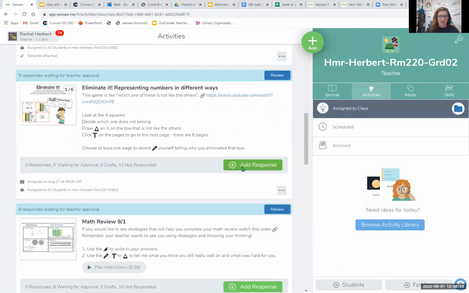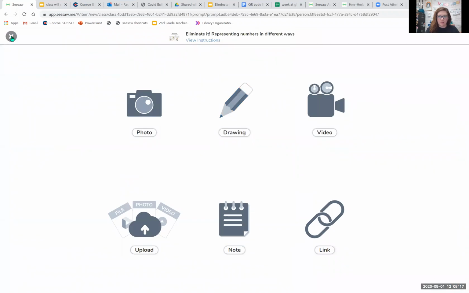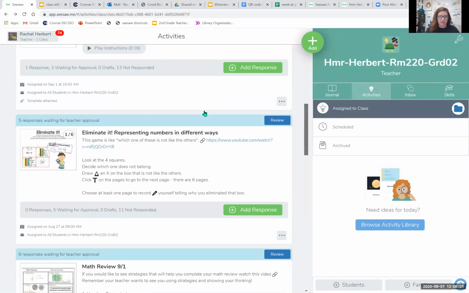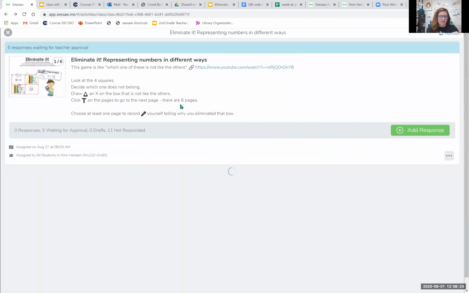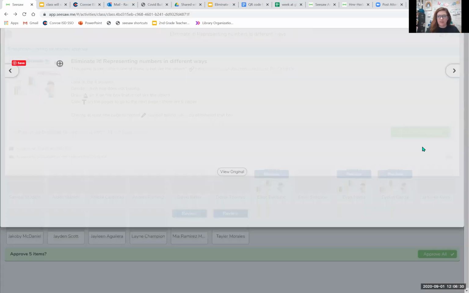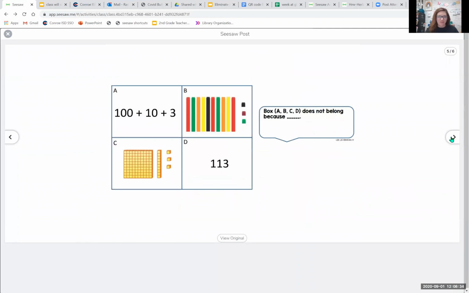And when you click on it to add your response, you're going to see the different things you can do. So you're going to click on it right there, and you're going to be able to go through and solve all those yourself, okay?